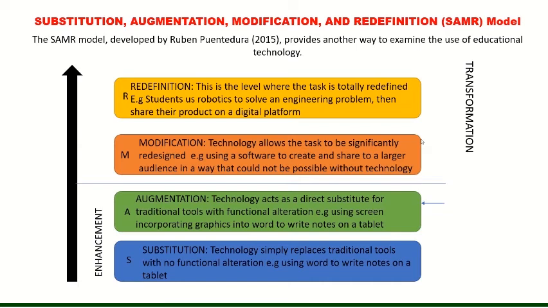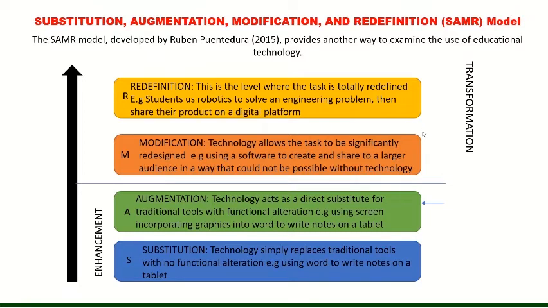So this gentleman, Dr. Ruben Puentedura, came up with a model because he said that technology allows us, or should allow us, to think differently about tasks and to perform new tasks. So he divided the use of technology into 4 distinct categories, and he called it the SAMR model, which is substitution, augmentation, modification, and redefinition.